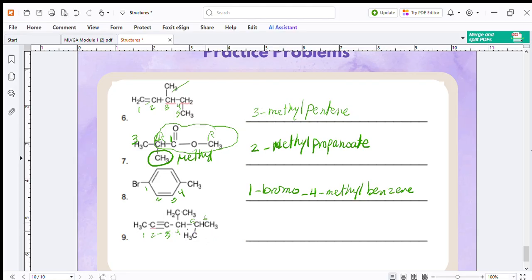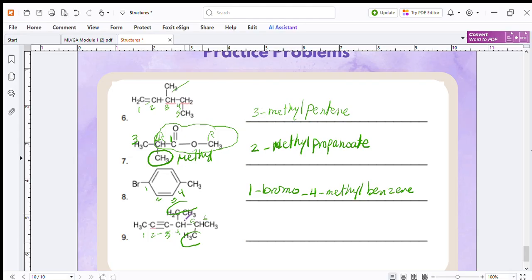So 6 po. So pag sabihin natin 6, it will be for hex. So hexyne. That will be the mother chain or mother carbon chain. Then we have two branches here and here. Dalawa po ang branches natin.